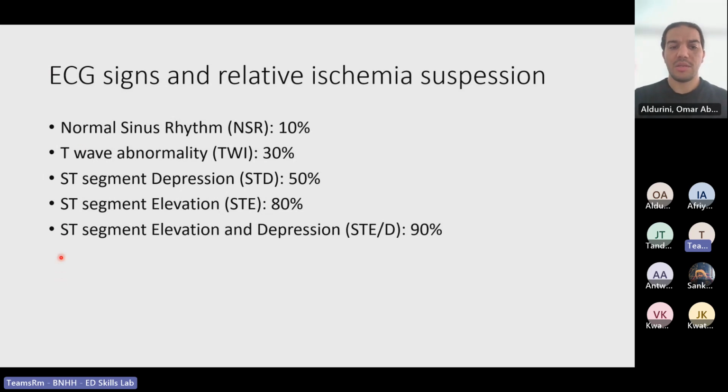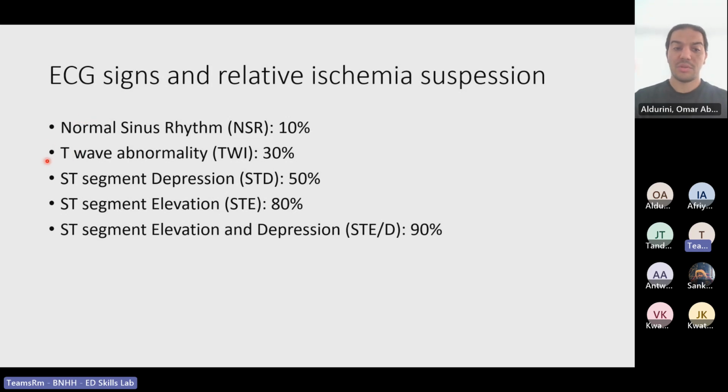As you can see, there are multiple changes that we can see in the ECG. For a start, we can see a completely normal rhythm and completely normal ECG, and this has a 10% chance that the patient has an acute ischemia happening now, despite that the ECG looks normal.